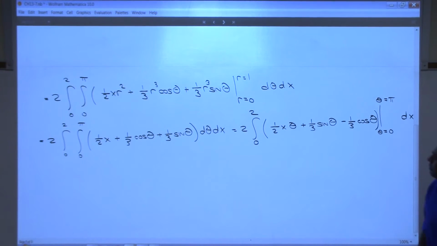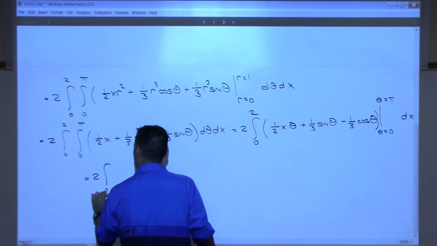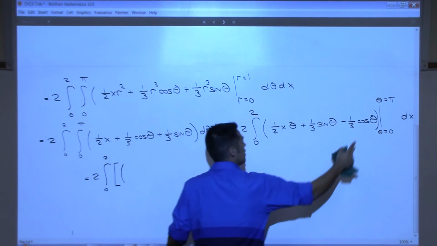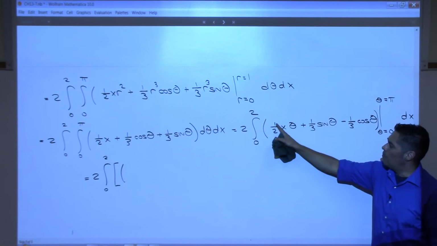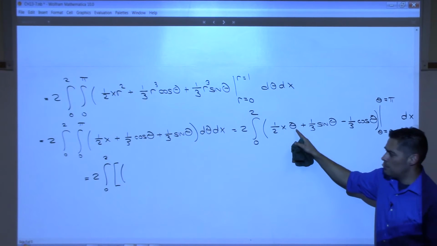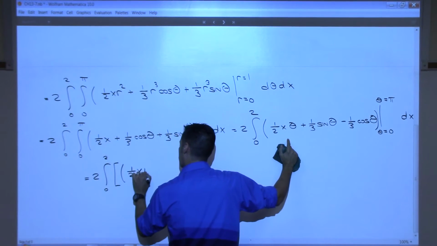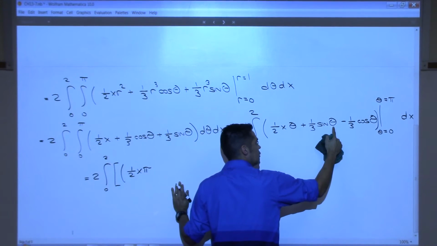Almost there. Be a little careful here. 2 integral 0 to 2. All right, let's plug in pi first, right? For theta, we get 1/2 x times pi. All right. Sine of pi, 0.